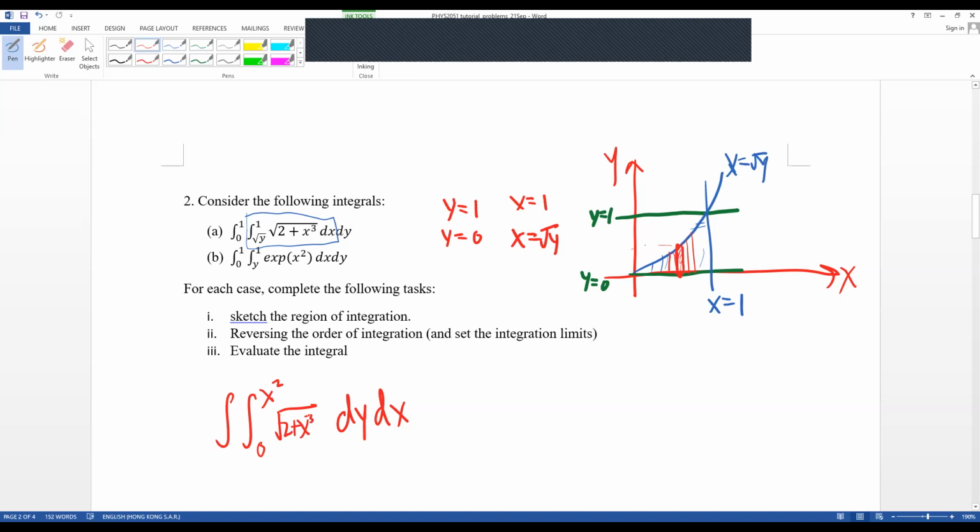So now for the outer integral, it's just going from the x position of this point to the x position of this point. So it's just again from 0 to 1.